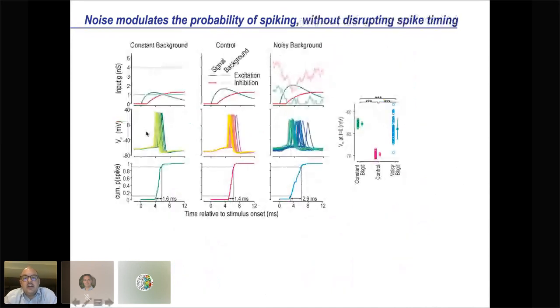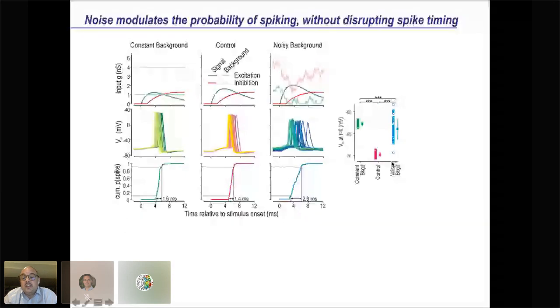And so what we wanted to do is look at that in a little bit more detail. I'm going to draw your attention to this condition over here. What we're doing is simply showing you all of the spikes from one neuron during this testing. And what you see is they're color coded, so the spikes that occur earliest have the lightest shade of blue, and the spikes that occur latest have the darkest shade of blue. And what you can see is that their timing really depends on variations in their voltage at the onset of the stimulus, which is at time 0 here.